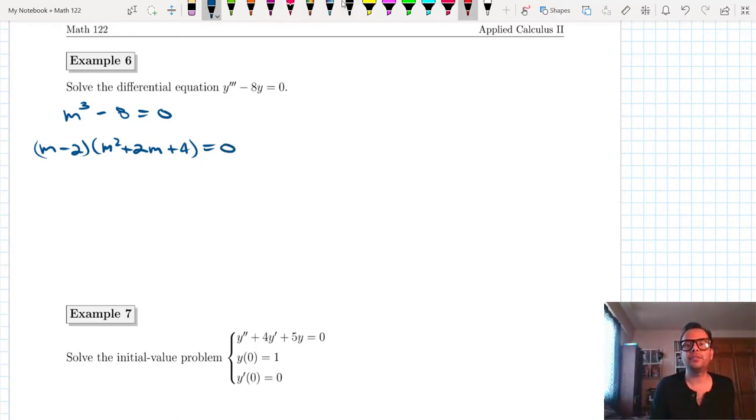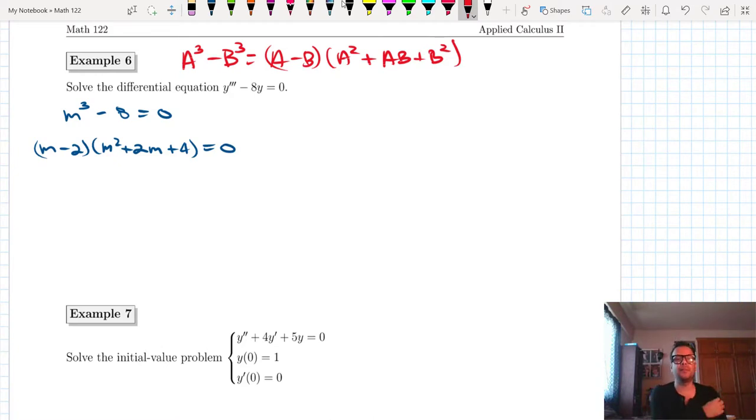Recall that to factor a difference of cubes, the formula is a minus b times a squared plus ab plus b squared. Apply this to this polynomial equation, and that is what we are supposed to get. In this case, what are we going to get? The first, m1, is equal to 2.